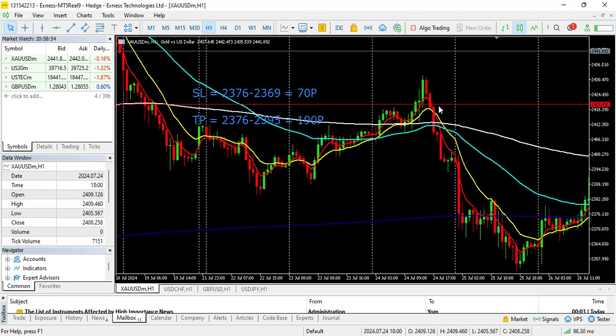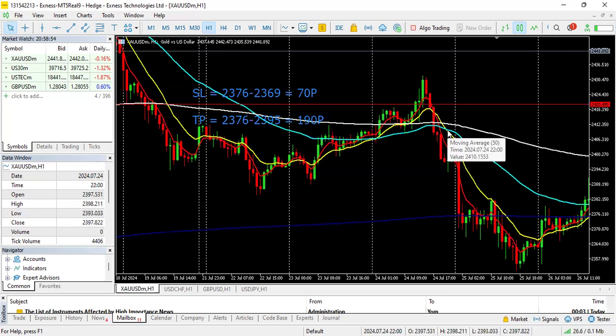I entered sell. Now, remember that it has not yet closed below. The normal thing is that I should have entered here, when the first candle has closed below my 13 EMA, the yellow moving average, and then the second candle closes.